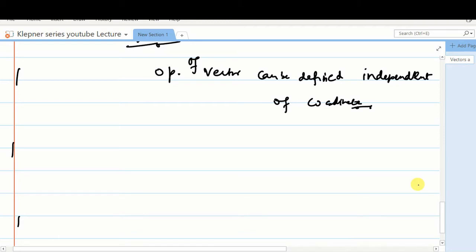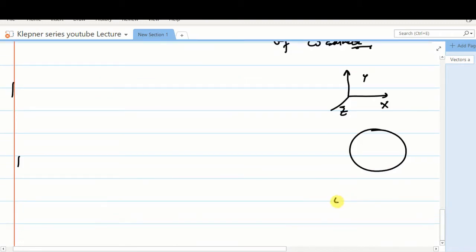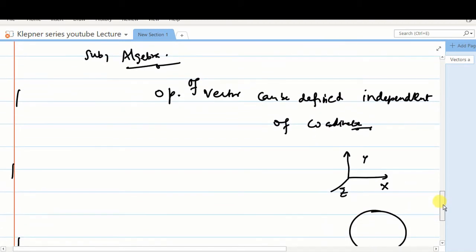But the operations of vectors, no matter in which kind of space you are, space meaning the coordinate system, whether your coordinate system is just a simple XYZ, or spherical, or curvy, never change.